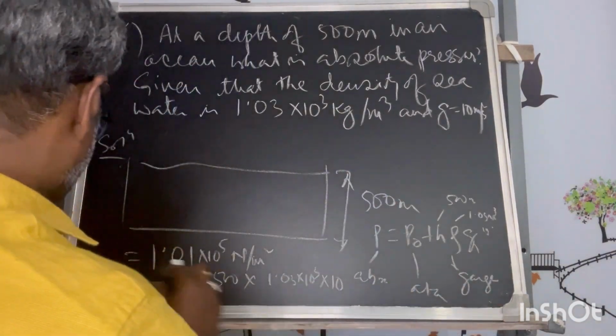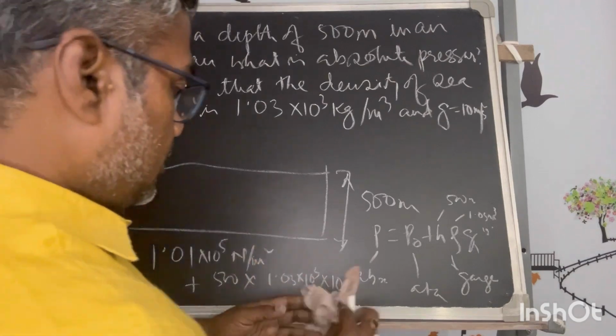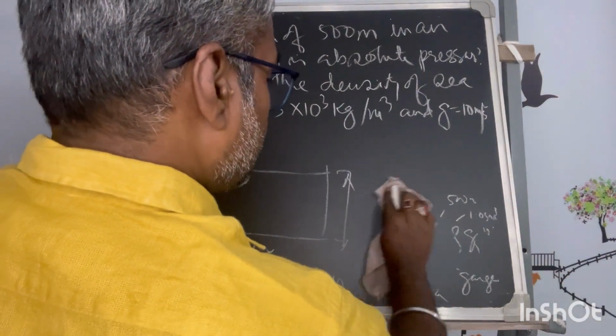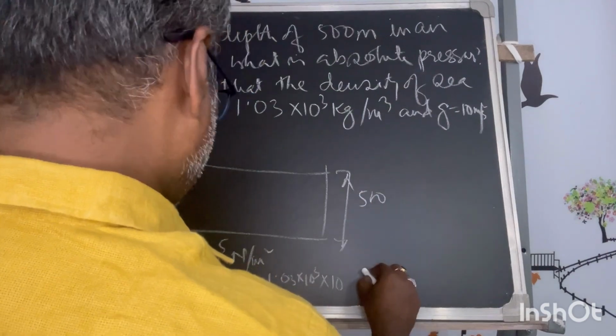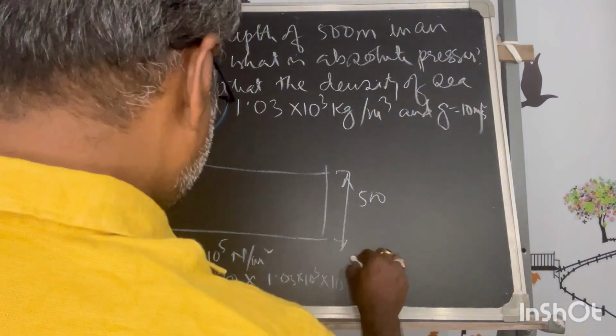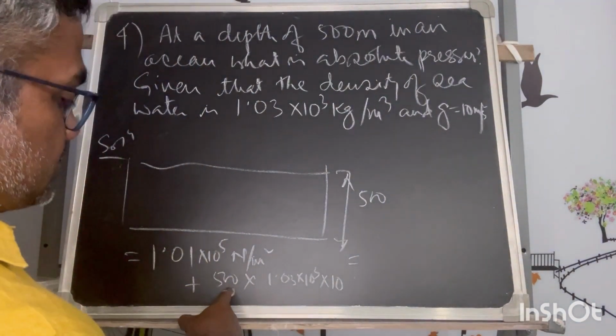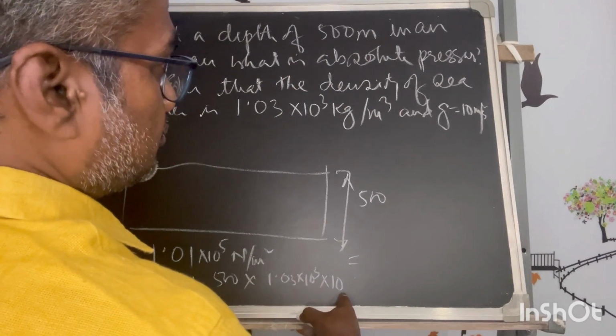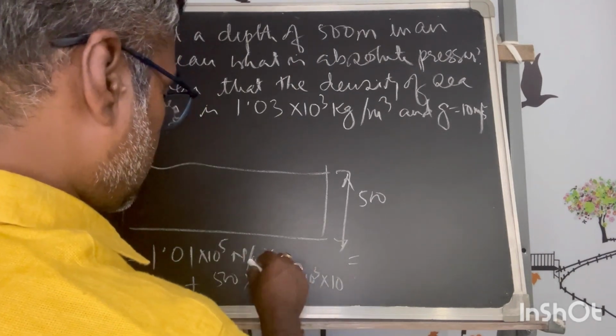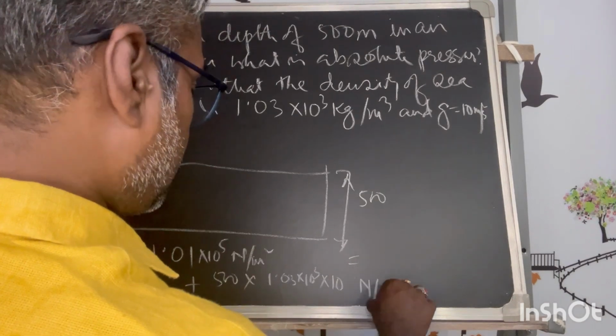So all these values are well positioned in this formula. Here this is meter, this is kg per meter cube, and this is meter per second square. This all total will also give Newton per meter square.